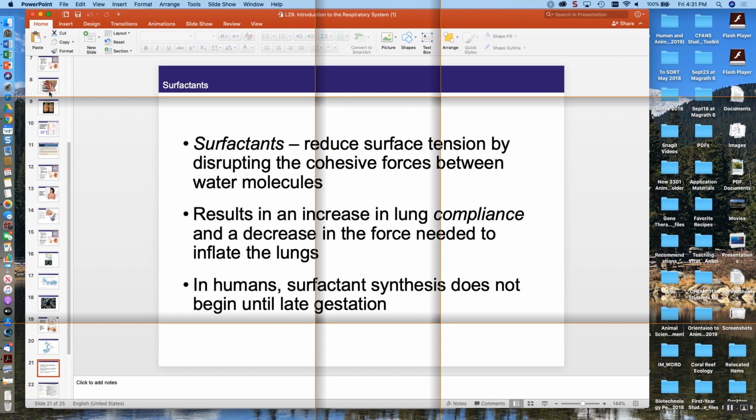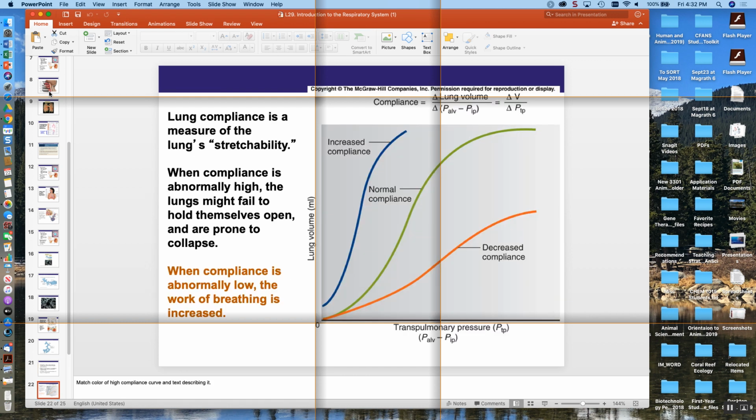Okay, so this is where I introduced compliance, just so you don't forget. Compliance is the relationship between a change in volume over the change in pressure. If it takes an enormous pressure gradient to make small changes in volume, that means you have to work harder to open it up, and this is what's called low compliance.